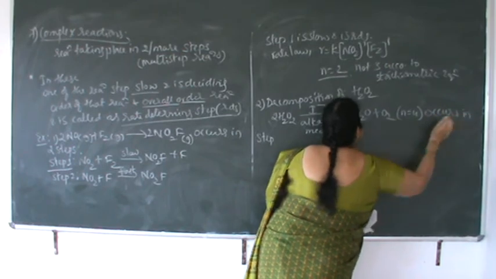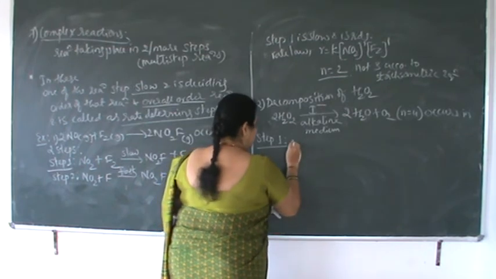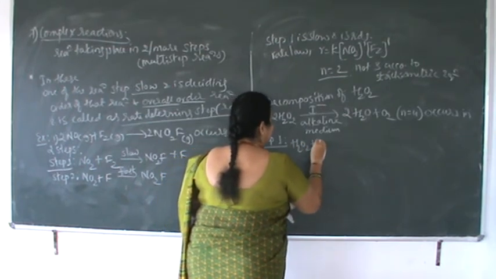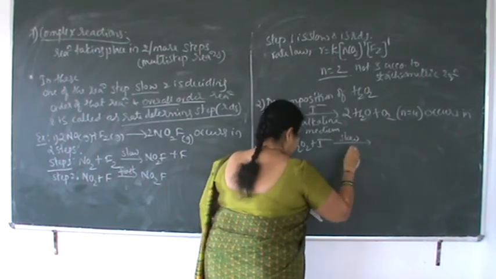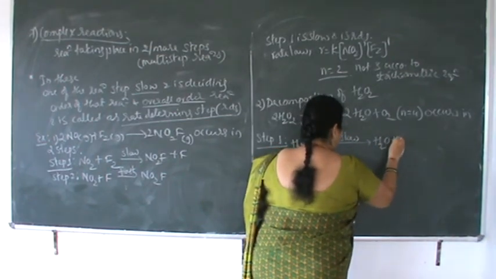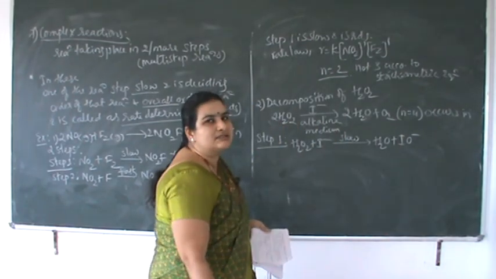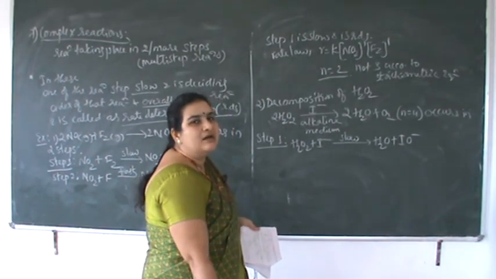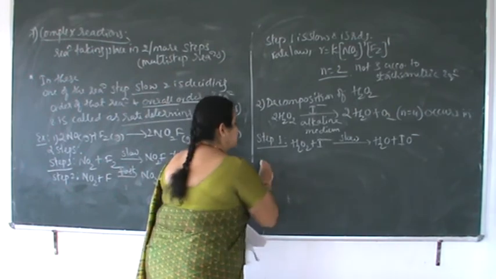Write down the steps. Step number 1, H2O2 plus I minus, this is a slow step, giving rise to H2O plus IO minus. In this reaction, IO minus is the reaction intermediate which is formed in the first step and gets destroyed in the second step. Okay.